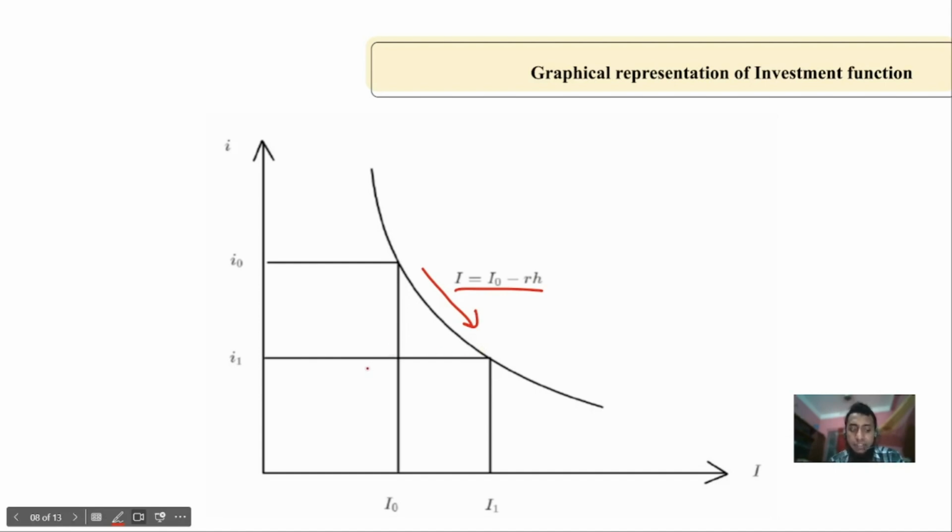When interest rates fall, the investment rises as loans become cheaper for businesses. The steepness of the curve depends on s. If investment is very sensitive to interest rates, the slope is steeper.